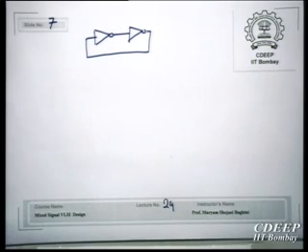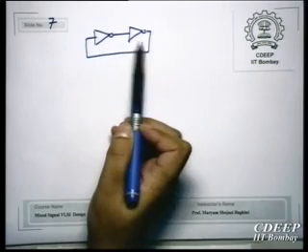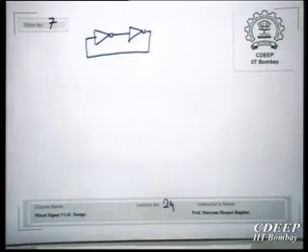Phase shift. This will give 180, this will give 180, then I have 360 degree phase shift. Yes? It is oscillating, but it is oscillating at zero frequency.